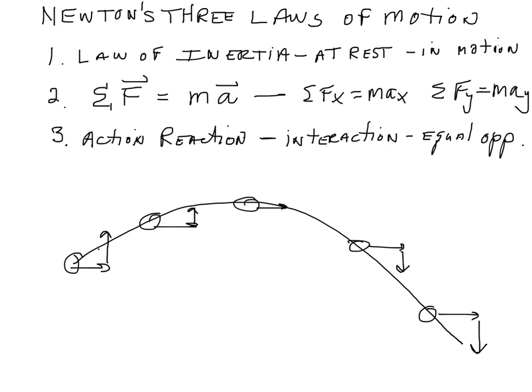So in practical terms, when we have vectors, as we did in projectile motion, we separated the velocity into x and y components, and that means we should separate the forces into x and y components. So a force in the x direction will mean an acceleration in that direction. A force in the y direction will mean an acceleration in that direction.